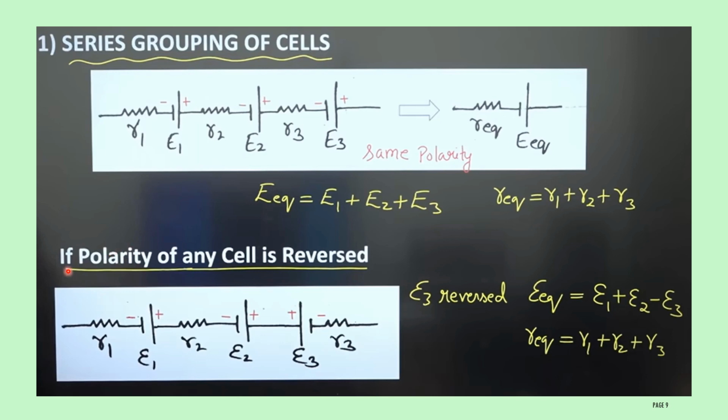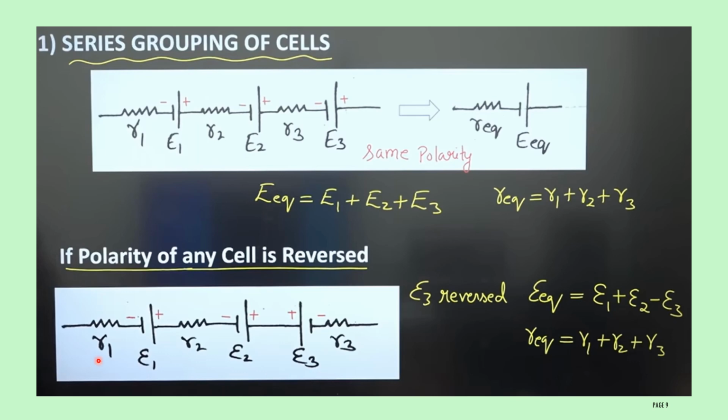Next case: here the polarity of each cell is the same. If the polarity of any one cell is reversed, what is the change in the formula? Let us discuss. Here also we are considering 3 internal resistances R1, R2, R3 and 3 cells producing 3 different EMFs, E1, E2, E3.